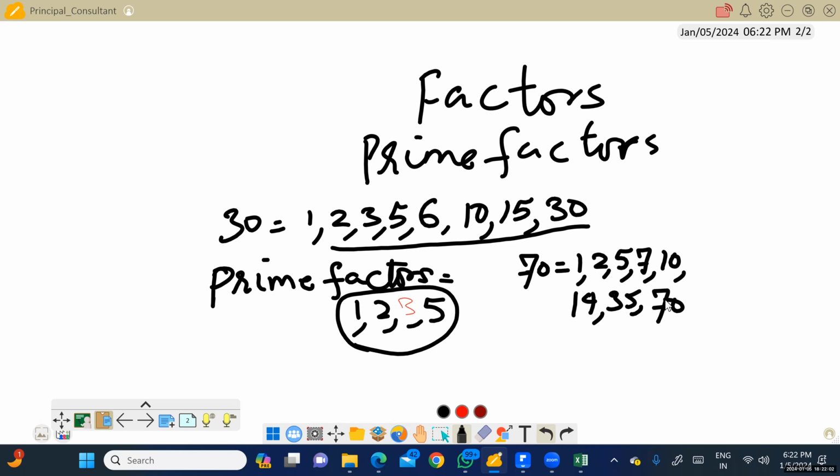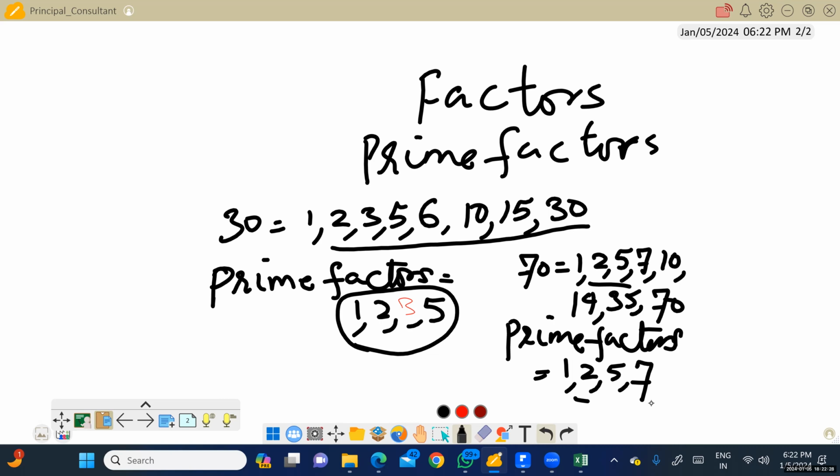So these are the factors: 1, 2, 5, 7, 14, 35, 70. But if I say prime factors of 70, it is 2, 5, 7, because out of these, there are no more prime numbers. All the others are not prime numbers. So these are the prime factors of 70, and these are the factors of 70.